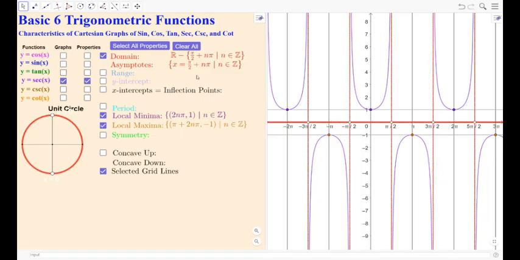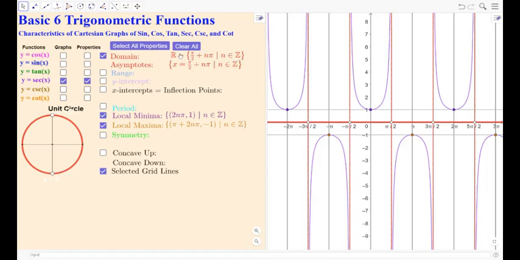And what are those x values? Well, they're when x is pi over 2 or minus pi over 2, pointing straight up or pointing straight down, or add multiples of 2 pi to those. Since these are just pi apart, that turns out to be just pi over 2 plus multiples of pi. So those x values, pi over 2 plus n pi, such that n is an integer, are the things that are not in the domain.